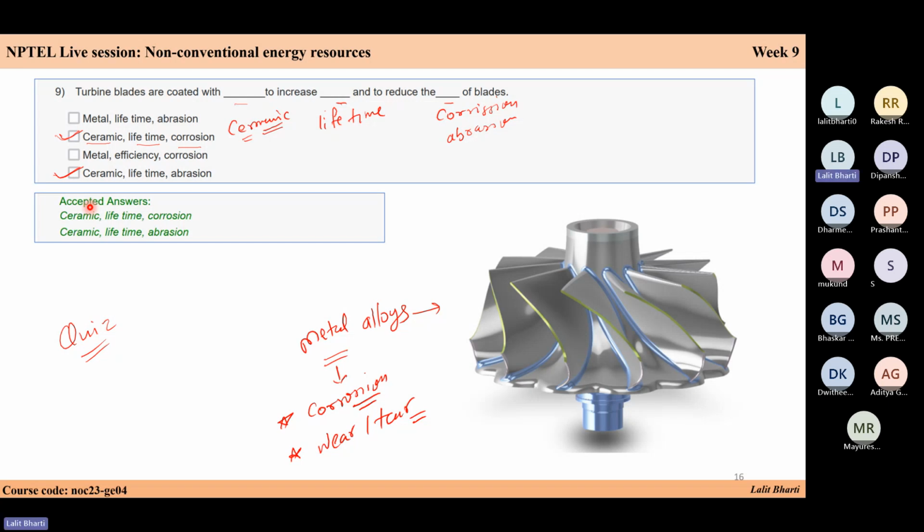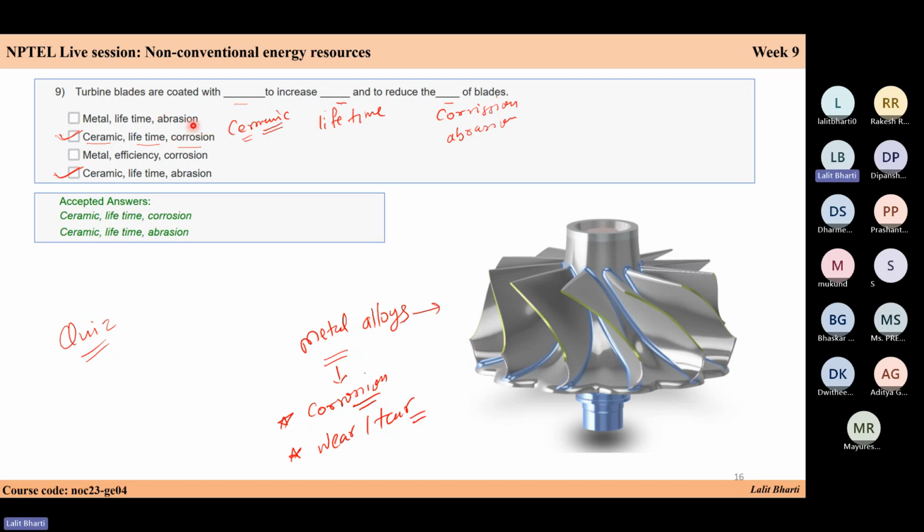Then you have the question on turbine. Turbine blades are coated with what to increase blank and to reduce the blank of the blades. So basically we know that we need to increase the lifetime and we need to reduce the corrosion and the abrasion.